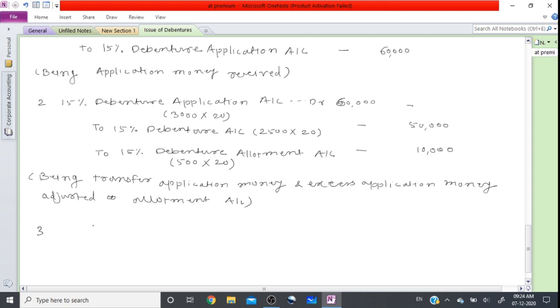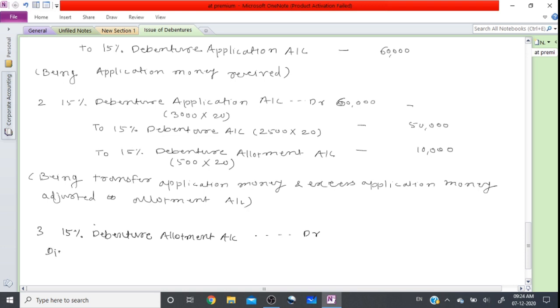Then third entry of allotment due and allotment receipt. Okay, 15% debenture allotment account debit. So there is discount, na.